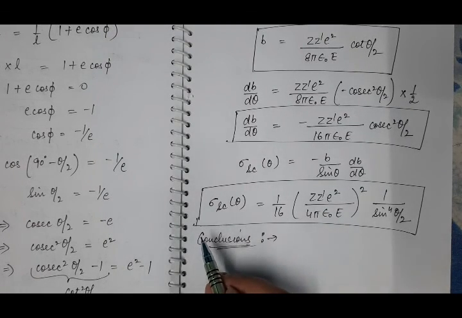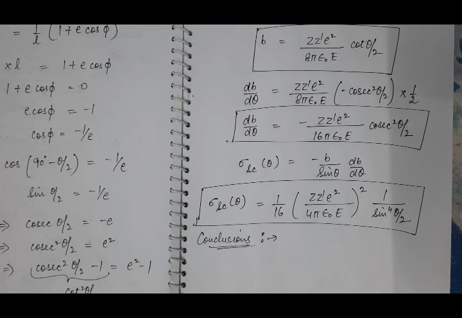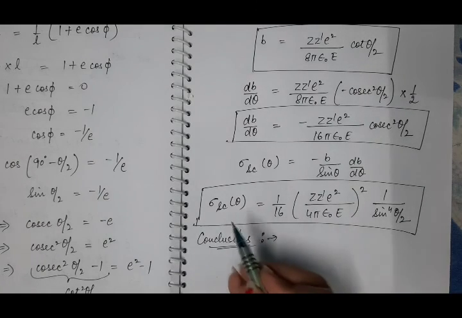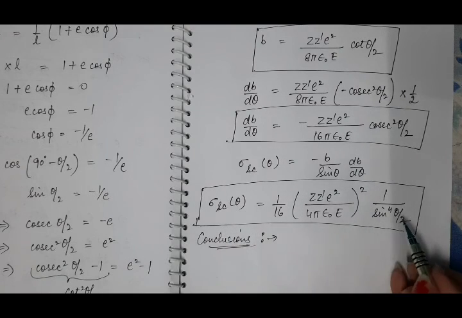And it is also directly proportional to the charge on the particle. And it is inversely proportional to sine 4 theta by 2, where theta is the angle of scattering. It means it is inversely proportional to the angle of scattering.